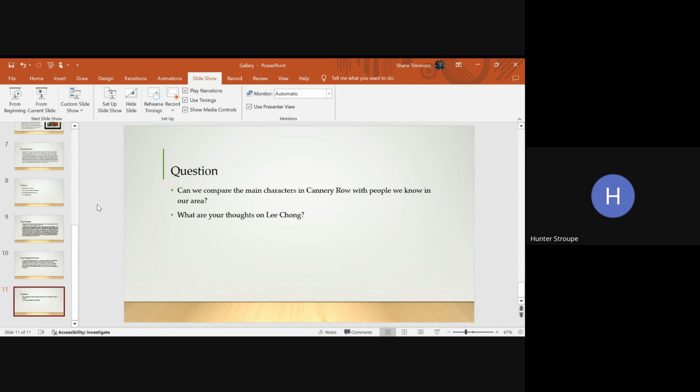I feel like there's definitely some people that came to mind while reading through, not that they entirely encompass all of the characters' traits, but I could see certain aspects of people I knew and certain moments throughout the story where the characters are talked about.